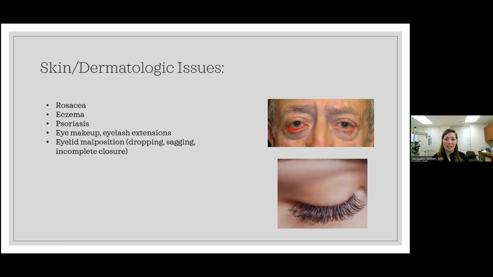So having skin issues like rosacea, eczema, and psoriasis all can sometimes have crossover around the eyelids, contributing to dry eye. Things like eyelash extensions, as well as eye makeup, eyeliner, mascara, all of those things that are applied around the eyelids and lashes can all have a tendency to exacerbate dry eye, as well as eyelid malposition.